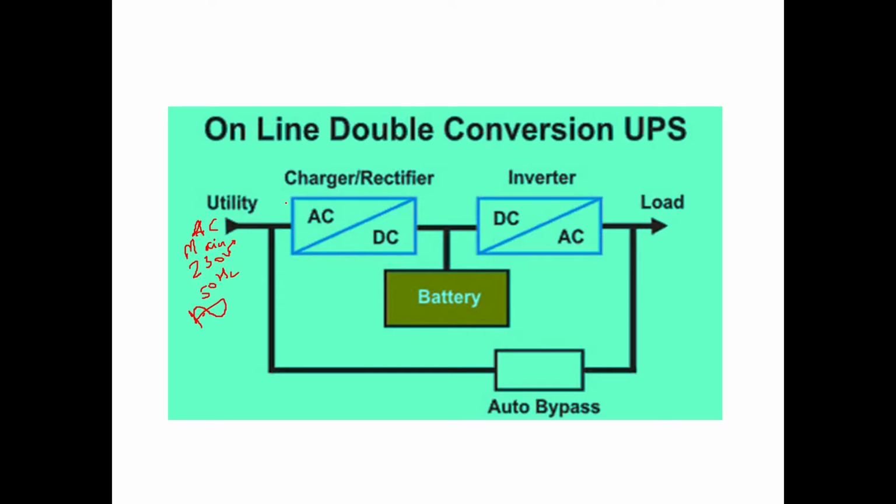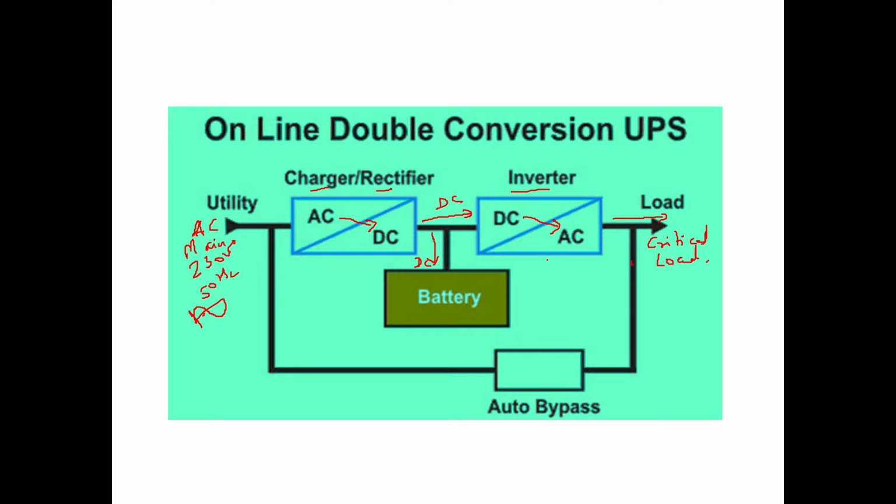It is given to a charger or a rectifier which converts AC to DC. That DC will be charging the battery, and that DC is also given to an inverter. An inverter converts DC to AC, and that AC is given to the critical load, the important load.